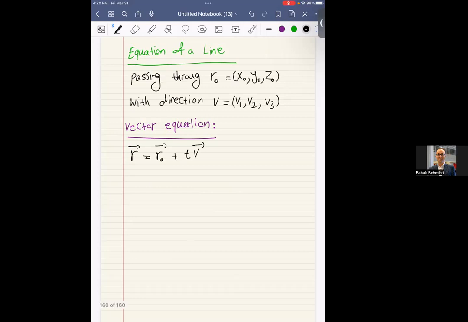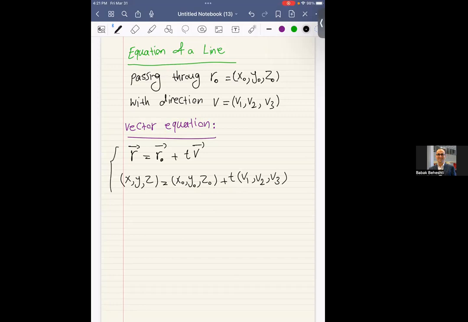So if I want to write the same equation in coordinates, if r is x, y, z, this is equal to r0, which is x0, y0, z0, plus t times v1, v2, v3.